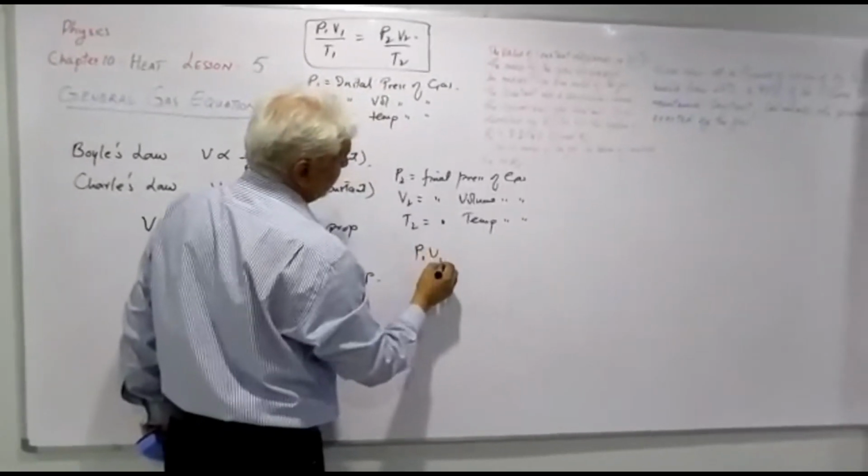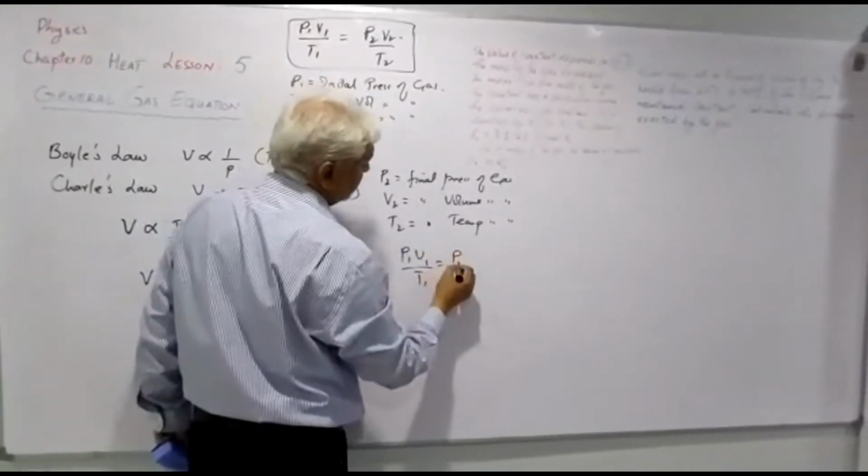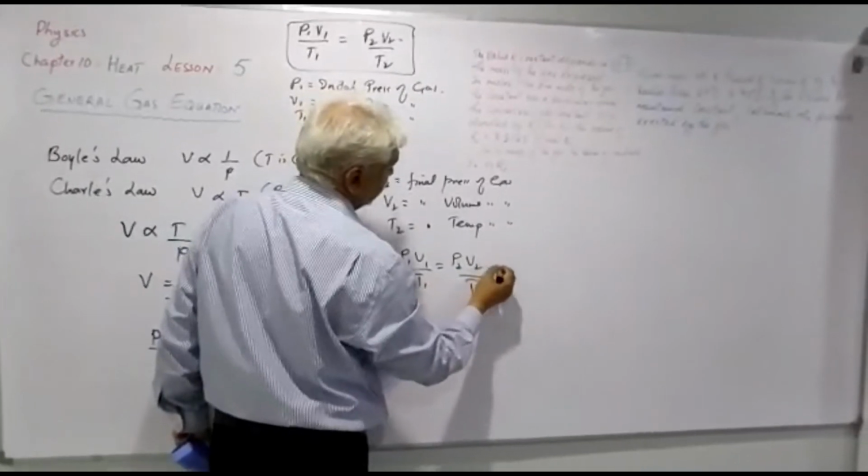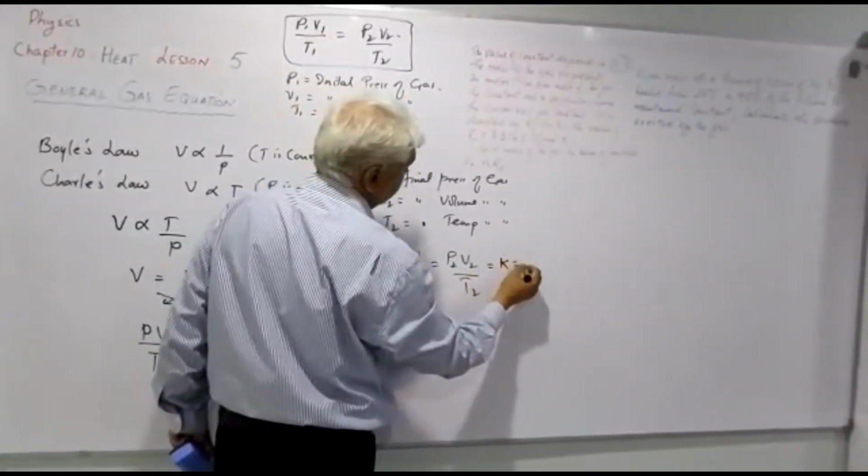So P1 V1 upon T1 is equal to P2 V2 upon T2, which is your K, and K is your constant.